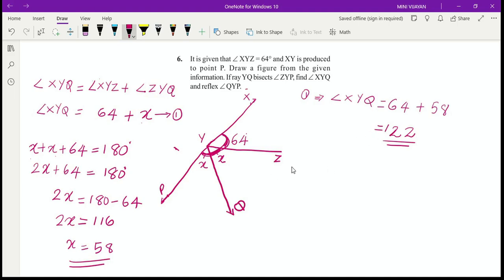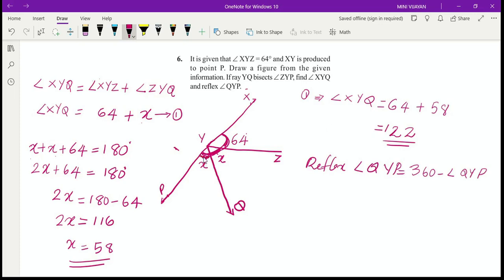Reflex angle QYP. You know how to find the reflex of any angle. For the reflex angle, you have to subtract that angle from 360. So 360 minus angle QYP. From the figure, can you see the measure of angle QYP?